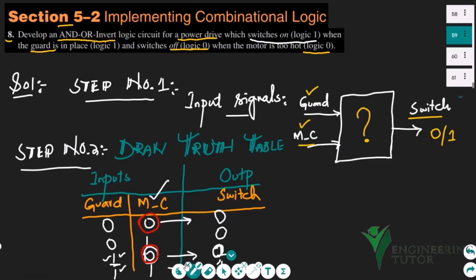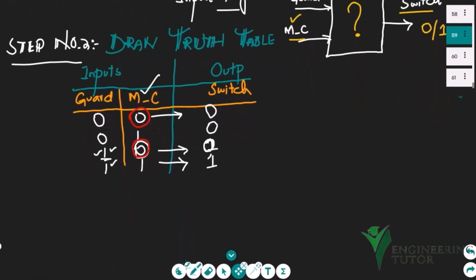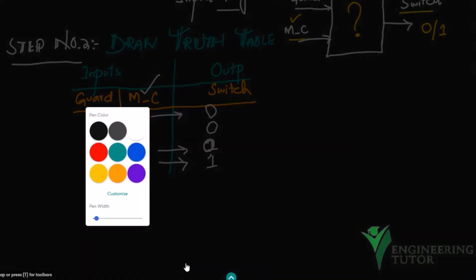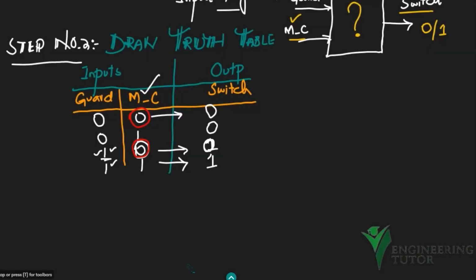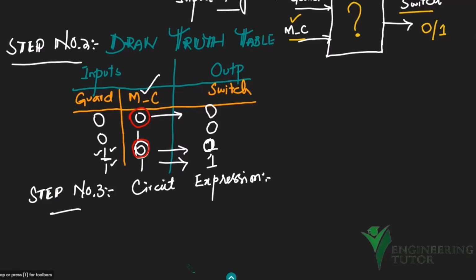On the basis of it, I have to go towards another step, and that is step number 3, the circuit expression. The Boolean expression will be on the basis of the table which we have found.